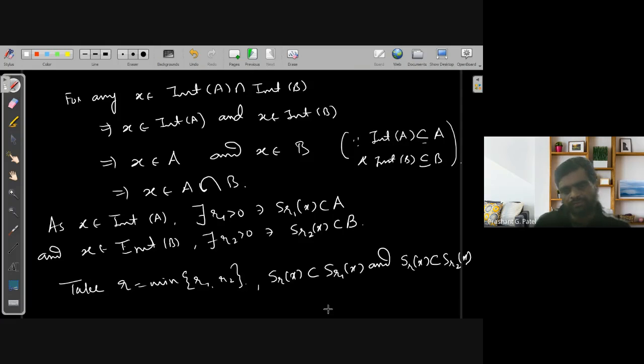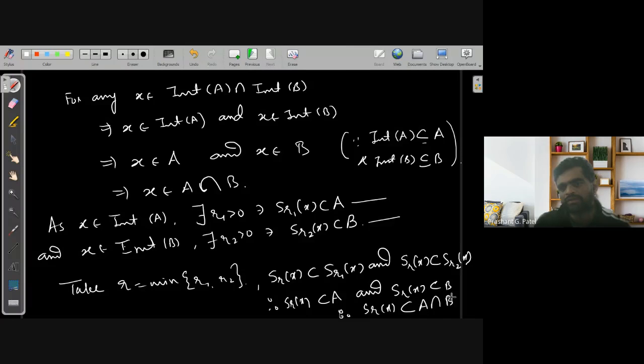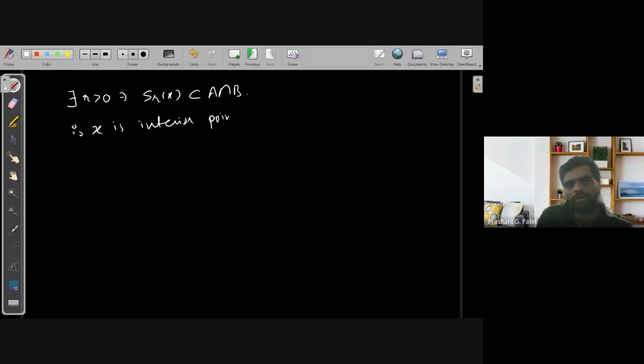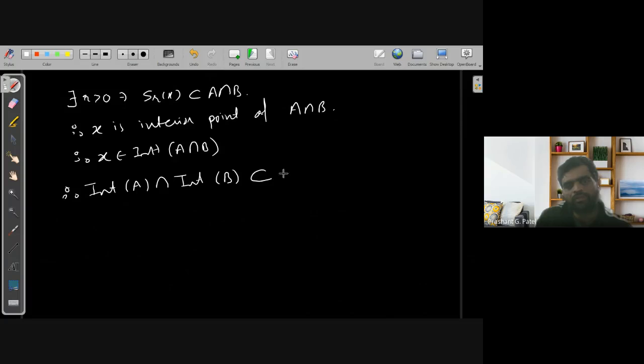And these are already subsets of A and B. So hence we can say that S_R of x is a subset of A and S_R of x is a subset of B. So this will imply S_R of x is a subset of A intersection B because it is common to A and B. So there exists R greater than 0 such that S_R of x is a subset of A intersection B. That means this x is an interior point of A intersection B. So hence x belongs to the interior of A intersection B. Therefore we can say that the interior of A intersection the interior of B is a subset of the interior of A intersection B. This is statement number 2.